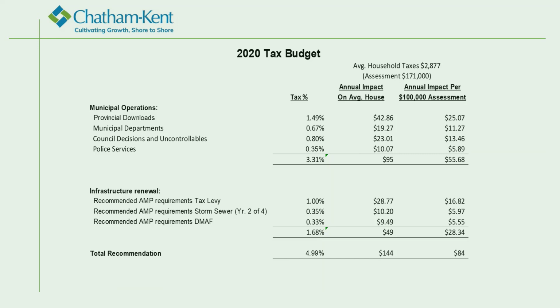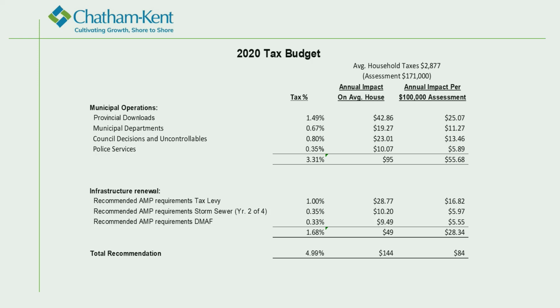This breaks it down to the average household with the numbers that were in the BMA study this week of where these values come from. The 4.99% increase will represent a $144 increase on an average household. Keep in mind just the provincial download was $43 of that.